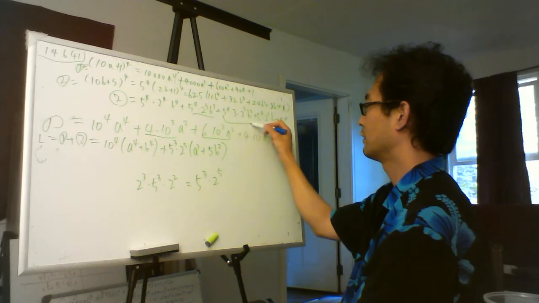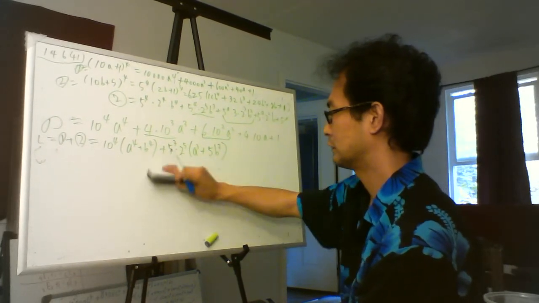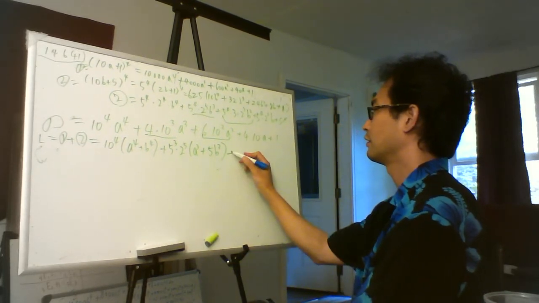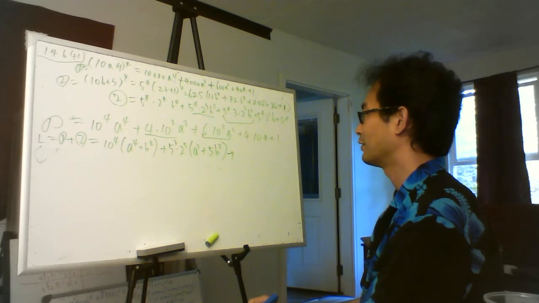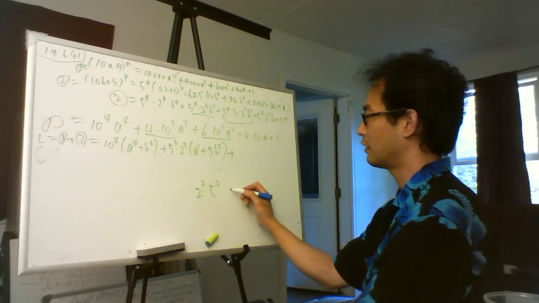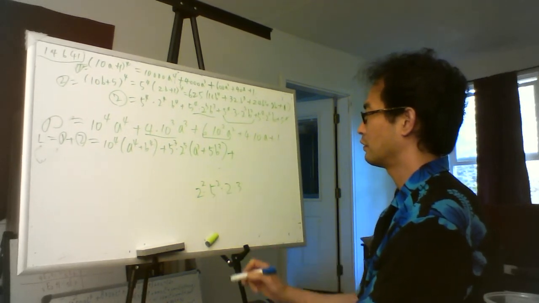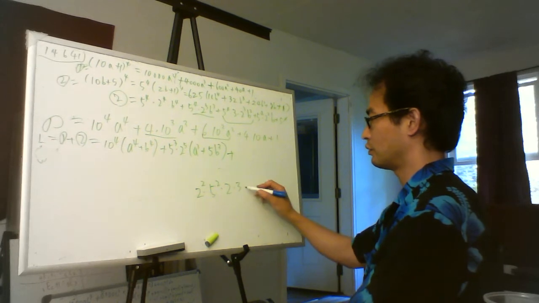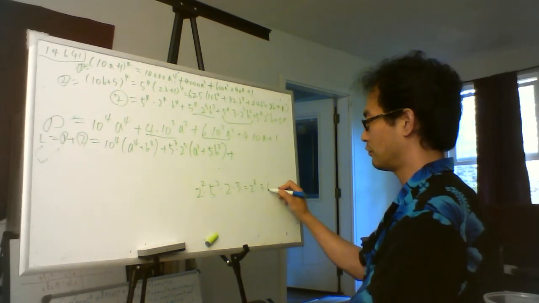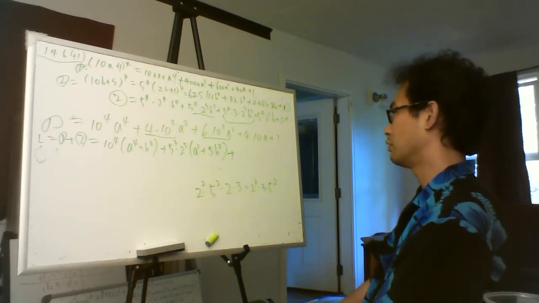Now this guy. It's not easy. So you have 2 to the second and 5 to the second, and then 2 times 3 downstairs. So that's 2 to the third times 3 times 5 to the second. So factor it out.